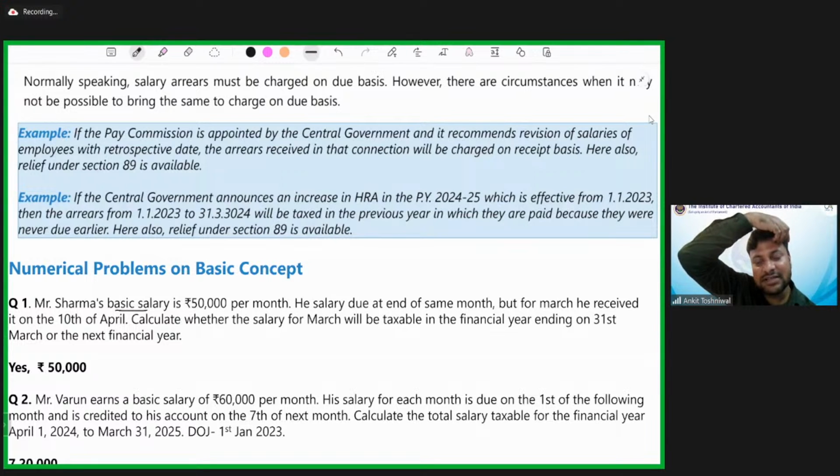But due is earlier. That is correct. Due is earlier than receipt. Due on the first day of the next month. Point to be noted, next month. So March salary will be due in April 2025. That is the point to consider.